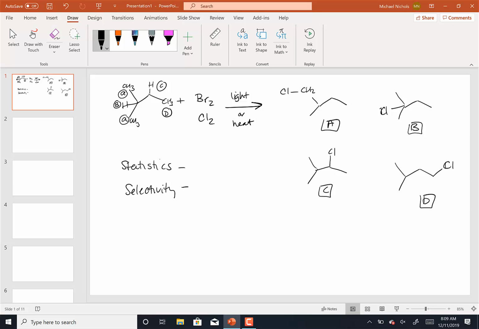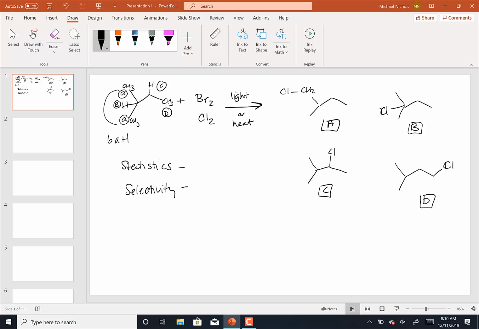So statistics are the number of hydrogens that can be removed in the reaction. How many different hydrogens will give me product A? How many different hydrogens will give me product B? If we look at this, there are 6 A hydrogens.